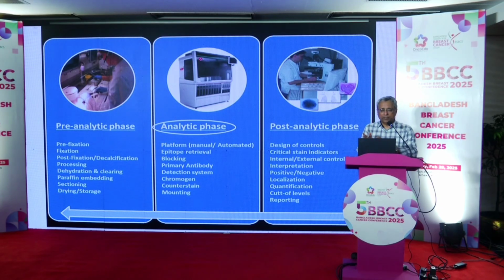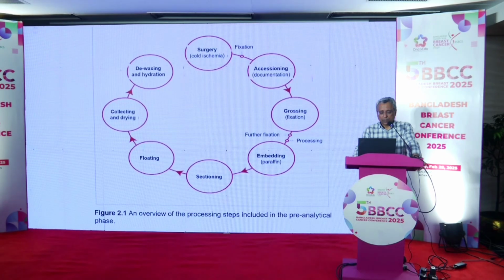Of course, the analytic phase is also important, how the stain is done, because if you do something manually versus automated, then of course there will be some difference. So you need to pay attention to all these steps. I'll show some images of how these different steps can influence immunostains.